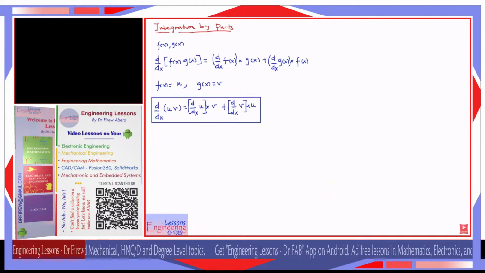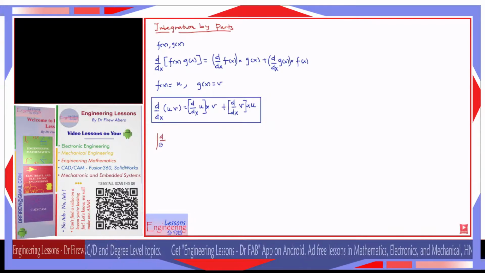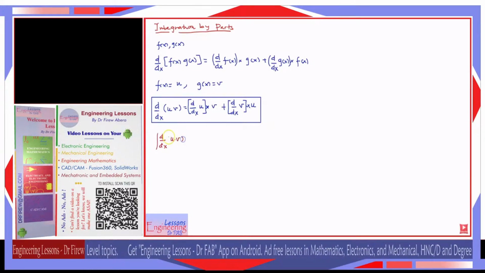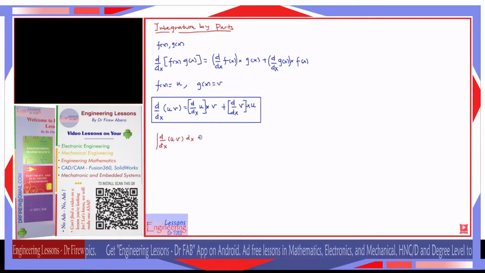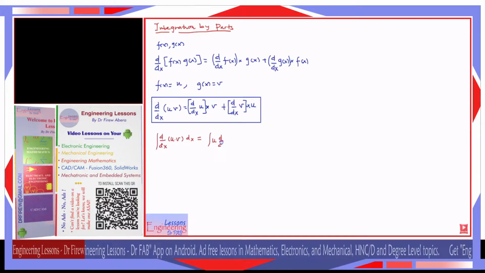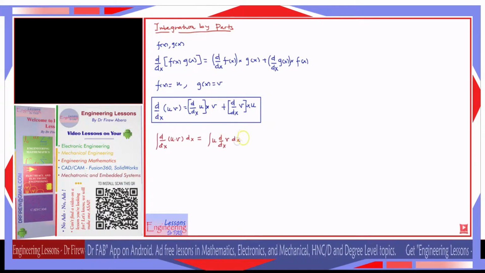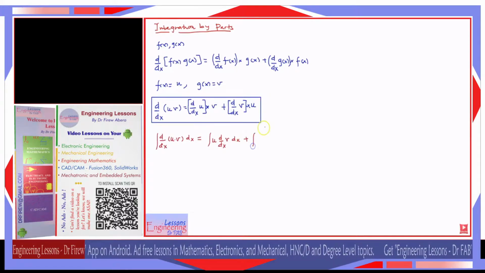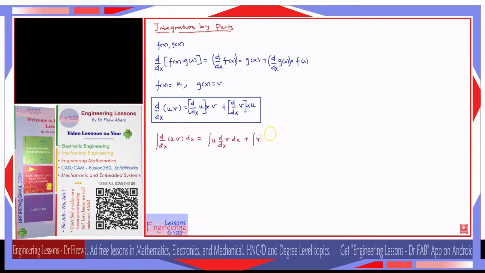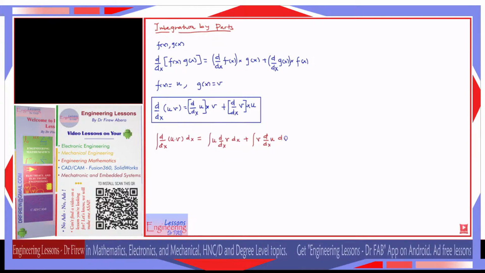If we take the integral of dy dx of u times v, dx, this equals the integral of u d by dx v dx plus the integral of v d by dx u dx.